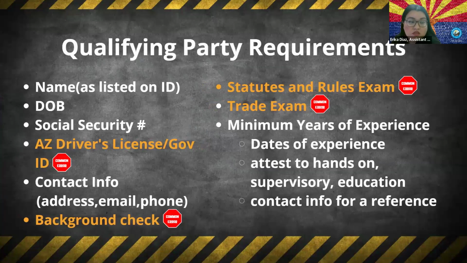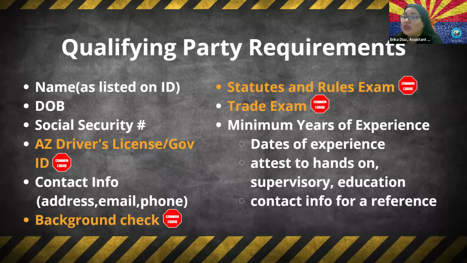All right. So now we're looking at getting into the actual application process. The qualifying party is the person who has the experience, the knowledge, the one who is supervising the work that is being done. The qualifying party is the one who is responsible for taking those exams.